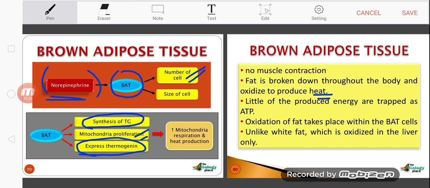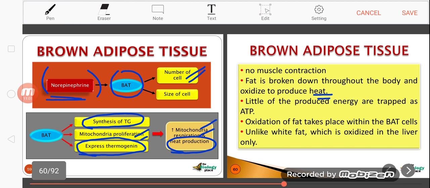Okay, combine these together: synthesis of triacylglyceride, a lot of mitochondria inside the BAT, and expression of thermogenin protein. It will increase mitochondria respiration. Eventually, it will produce a lot of heat. Okay, so in BAT, it doesn't involve muscle contraction.